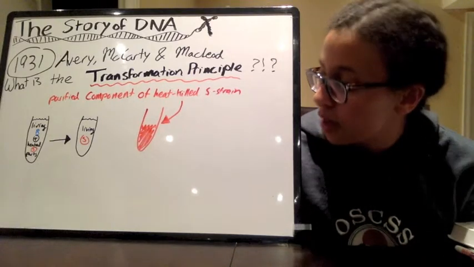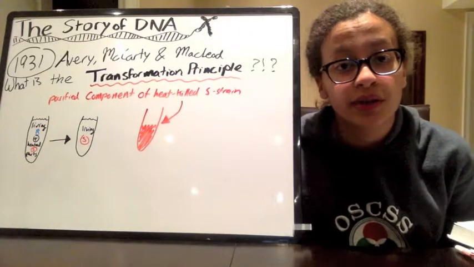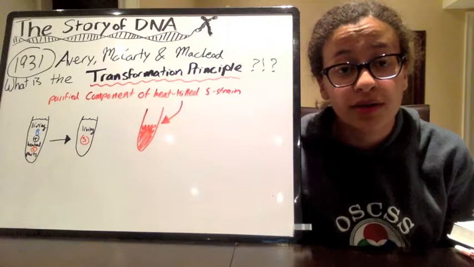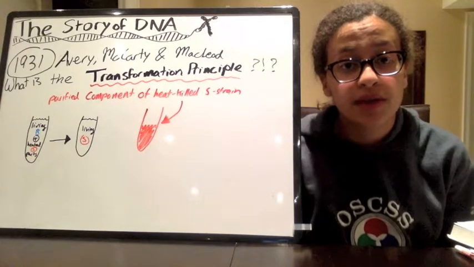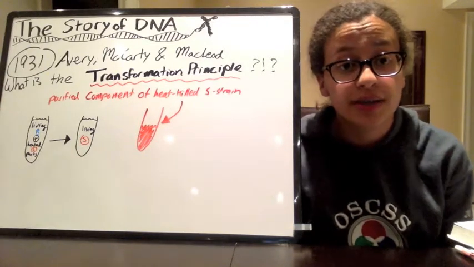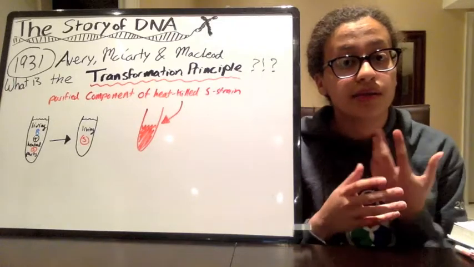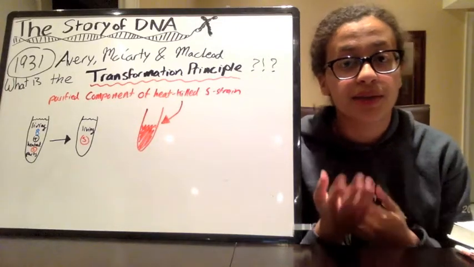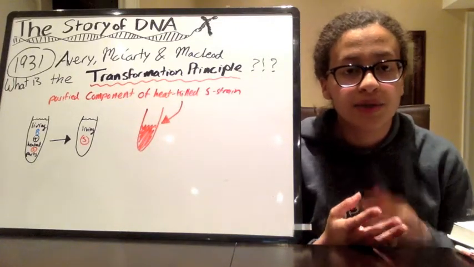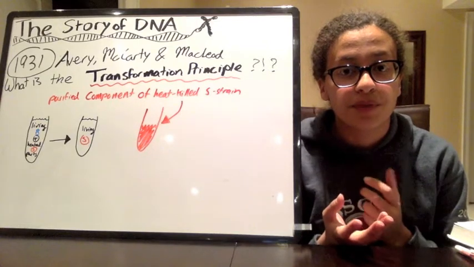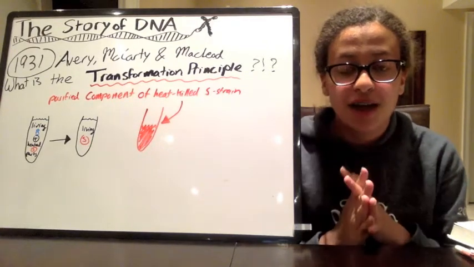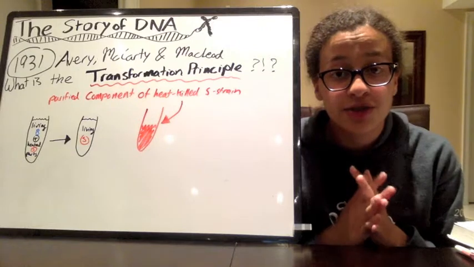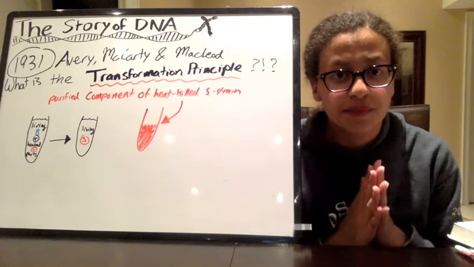So first, if you put your living R strain along with heat-killed components of your S strain together in a tube with culture, and then you let them grow over time, there's going to be this transformation, and then you're going to end up with just living S strain.